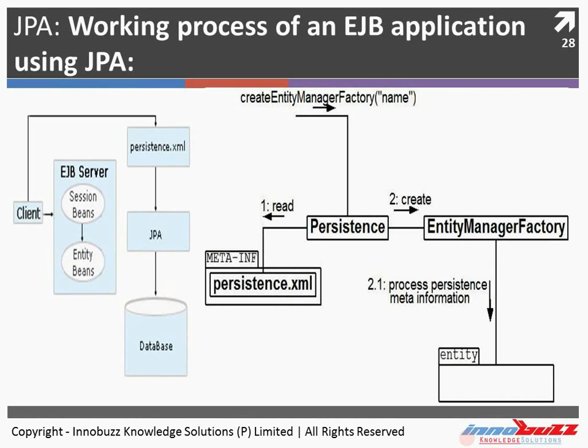So here it says the persistence.xml needs to be placed inside the META-INF folder in the web project. You have persistence handled through the entity manager factory, which is created when we create the entity manager factory, and then it will process the persistence metadata information.